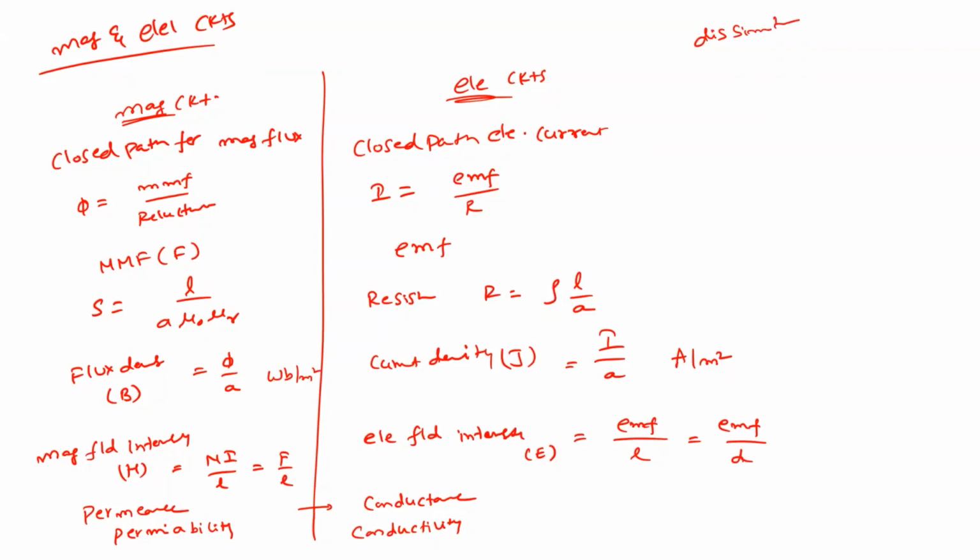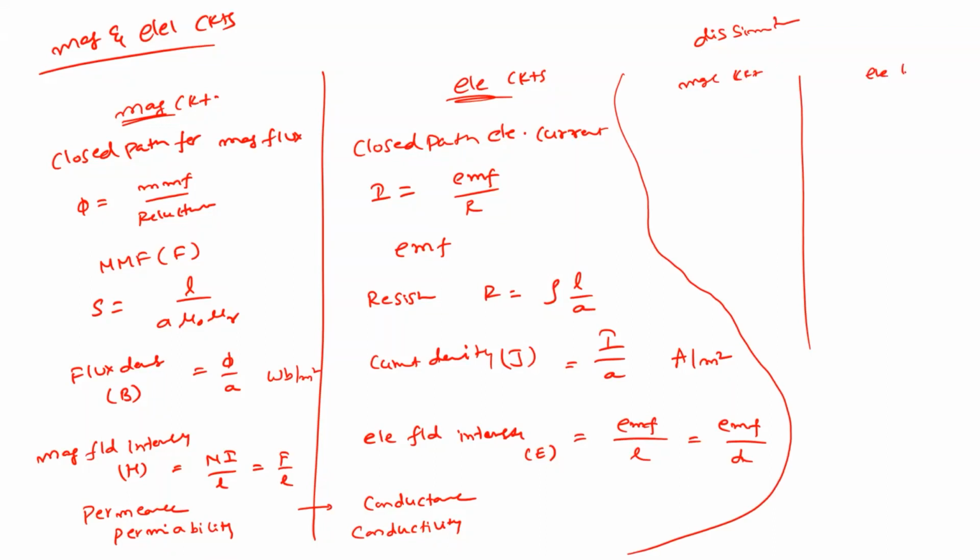Sir, in an electric circuit, current is passing; in a magnetic circuit we consider flux. In an electrical circuit, actually the current is flowing.